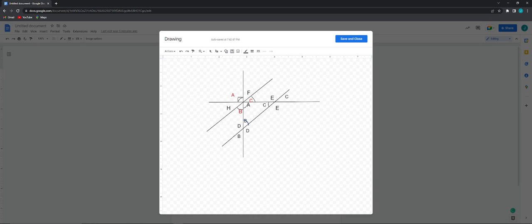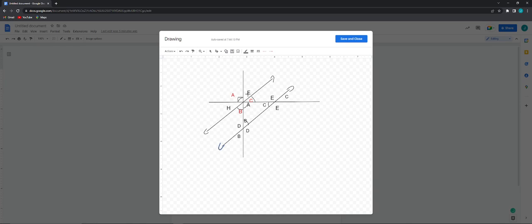An alternate exterior angle is when a pair of angles are on the outer side of the two parallel lines, but on opposite sides of the transversal. These are our two parallel lines here, this one and this one. Sorry, that needed to be shown.